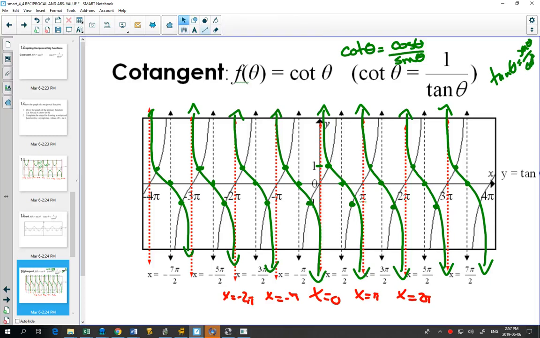Question? Yes, that's a good question. He said, if the tan graph goes up forever, why isn't there an asymptote at y equals 0? Because, again, we're graphing cotangent as cos over sine as opposed to 1 over tan.